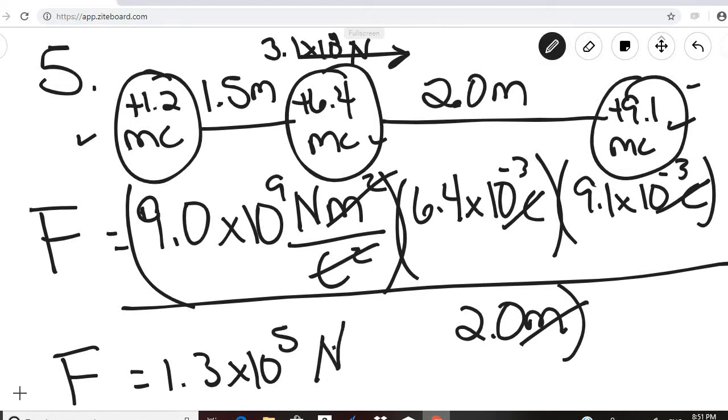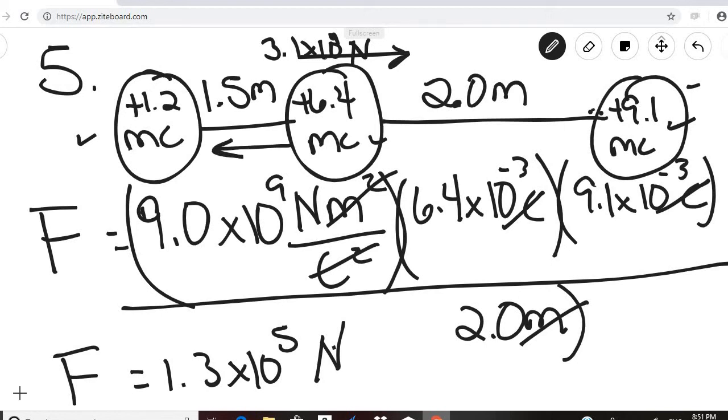newtons. So then what direction will that be in? Well, these two are going to repel each other. So this part, the 9.1 particle, will cause this particle to go in that direction.